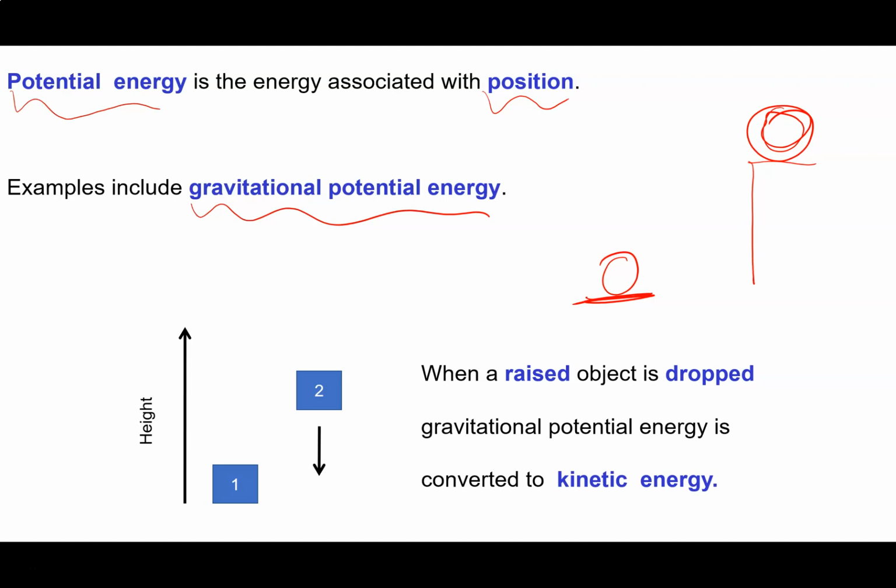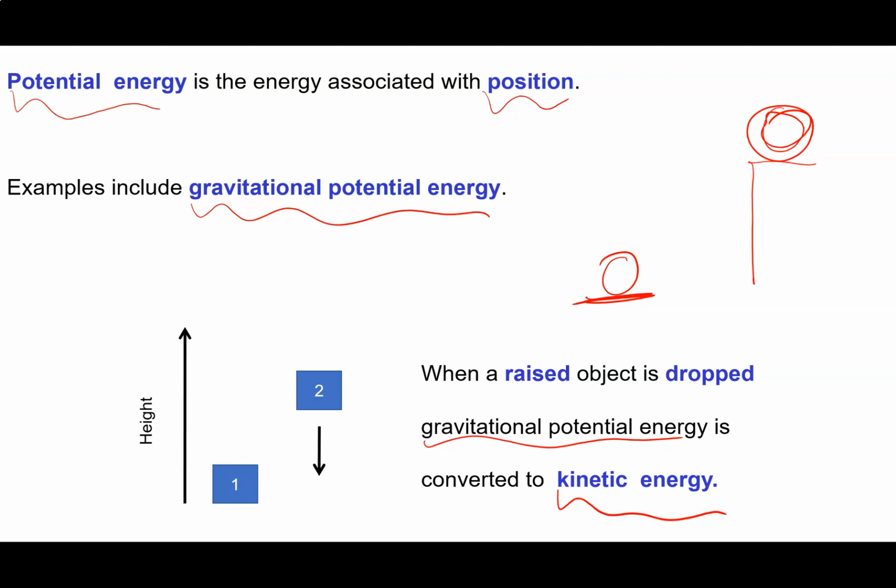We understand that when an object is raised up, it's going to gain gravitational potential energy. And if I drop the object, that gravitational potential energy will be converted into kinetic energy. So it'll fall downwards, right? An object that is raised, when it's released, will fall downwards, and its gravitational potential energy will be converted into energy of movement. So that's an interesting concept.